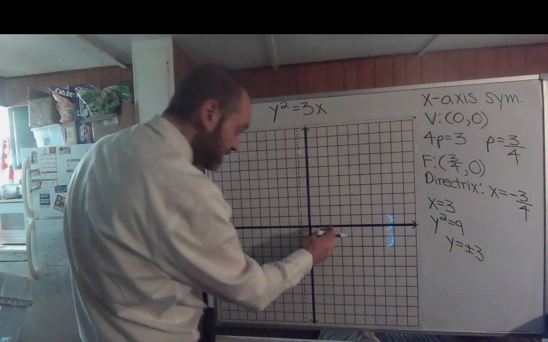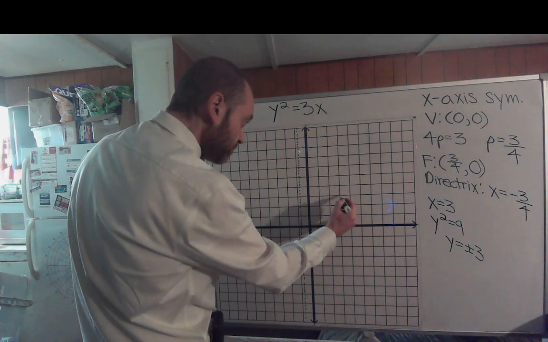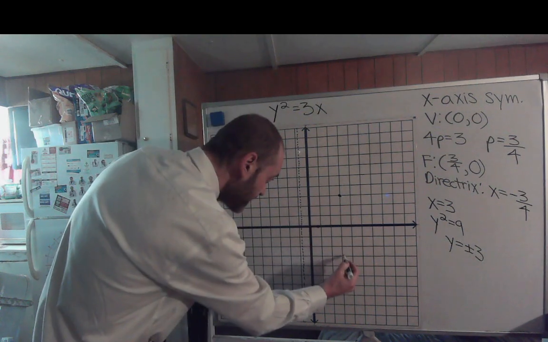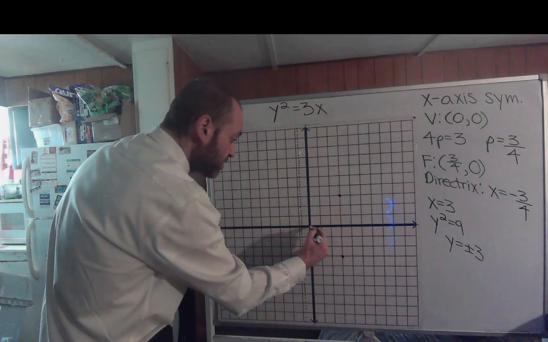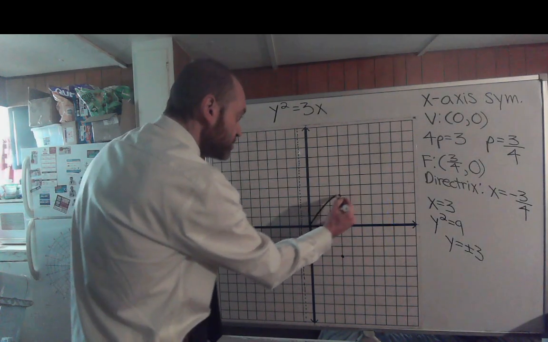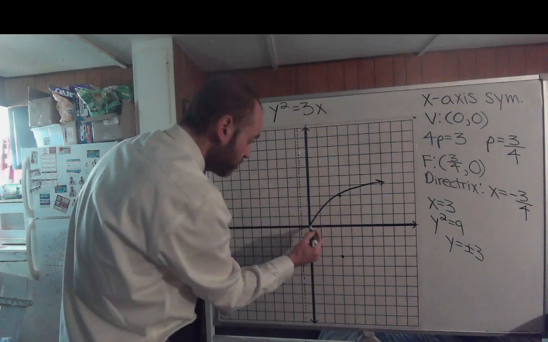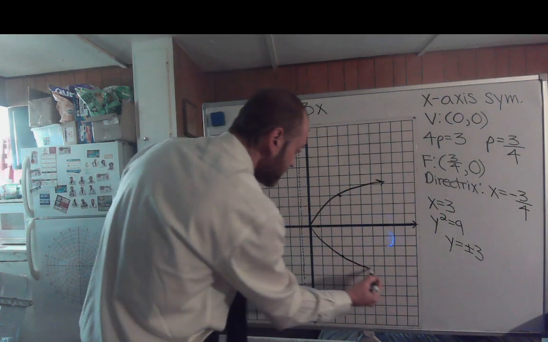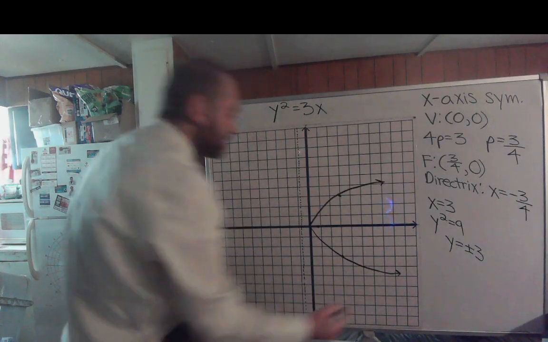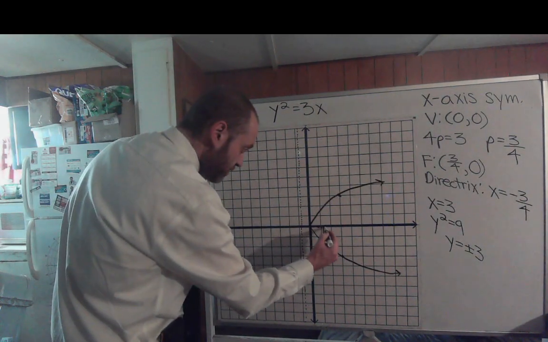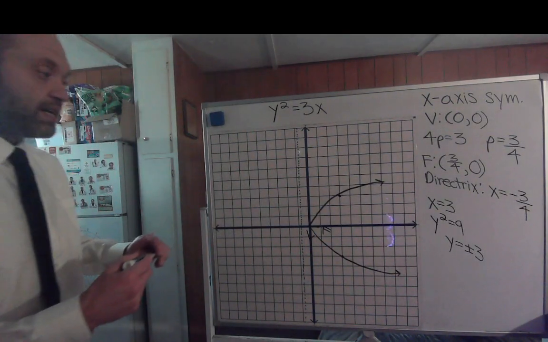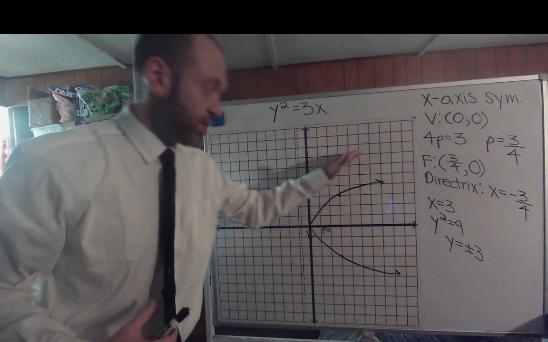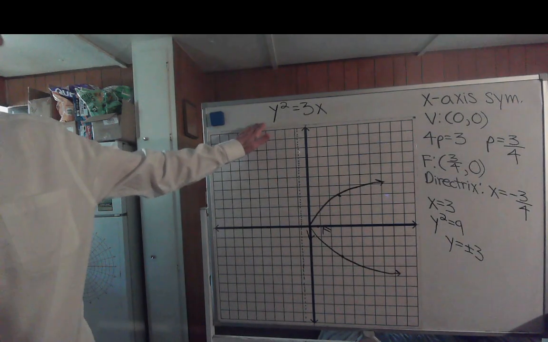So when x equals 3, I'll get y equals plus 3, and then I'll also get y equals minus 3. Now I have a very good, accurate representation of this parabola that opens to the right. And then of course here's my focus, here's my vertex, there's my directrix, that dotted line, that opens to the right for y squared equals 3x.